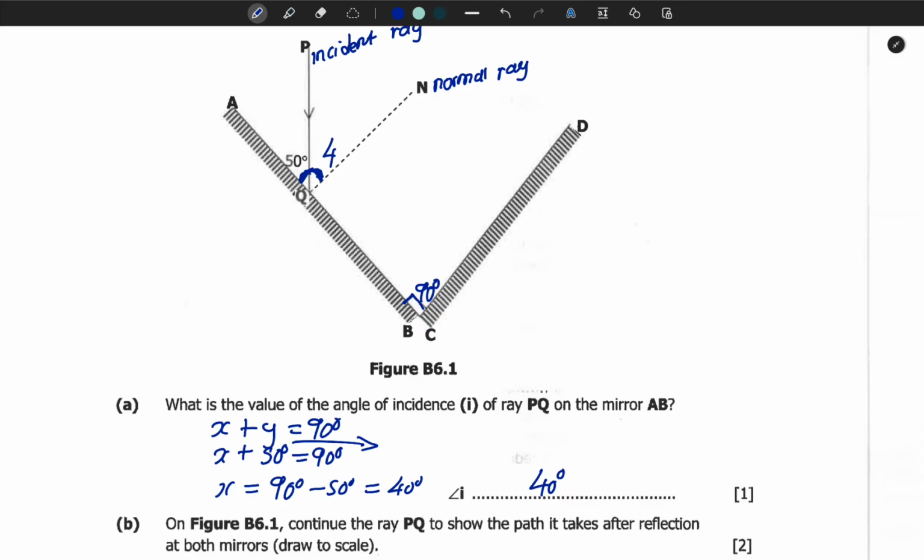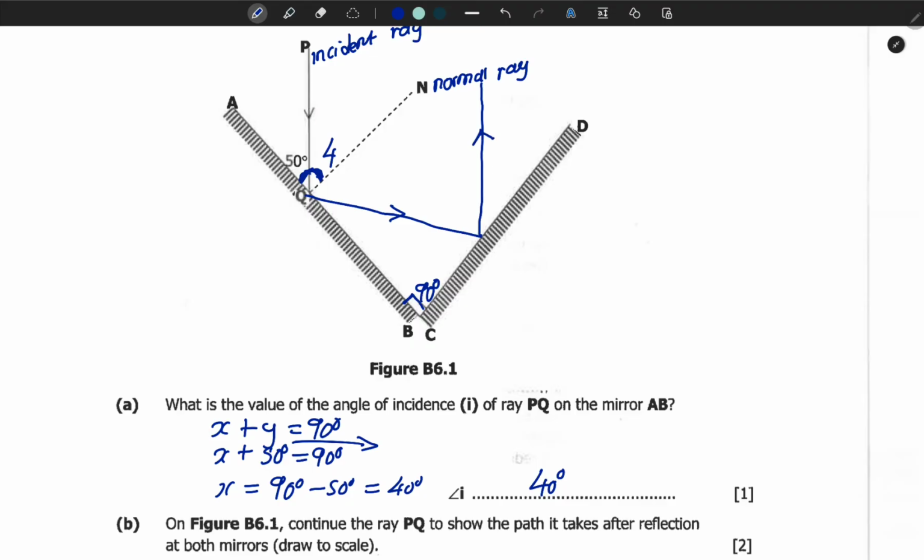But I'm going to use my free hands. So the first reflection will occur at this point. So this is the reflected ray.